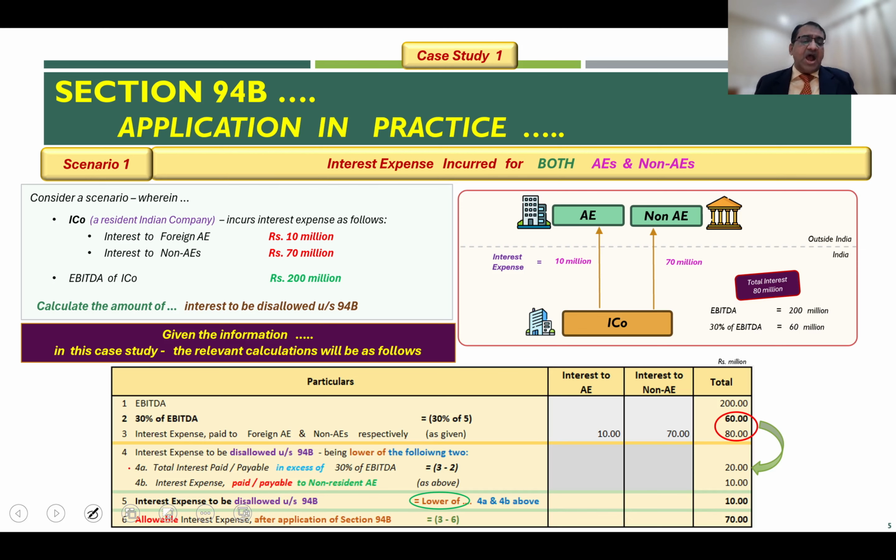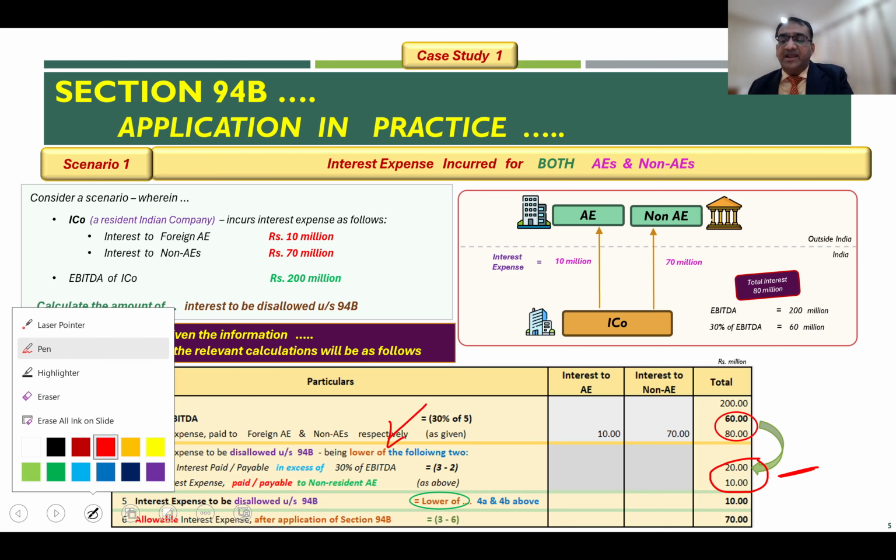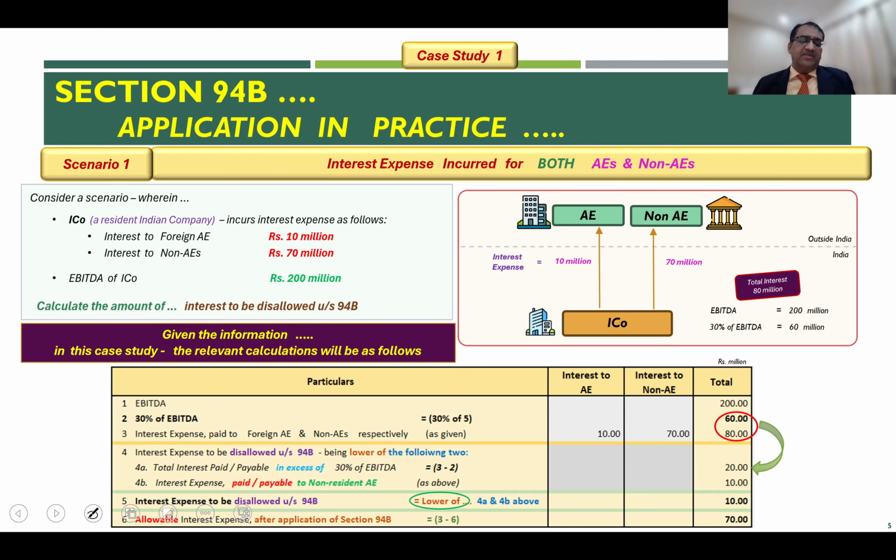And then the second component which you have to compute is how much of the interest is payable to the AEs, which is 10 million in this case. Now, from an excess interest perspective, we have seen in the earlier video by way of a theoretical framework, the lower of these two numbers is something which is disallowed as excess interest under Section 94B.